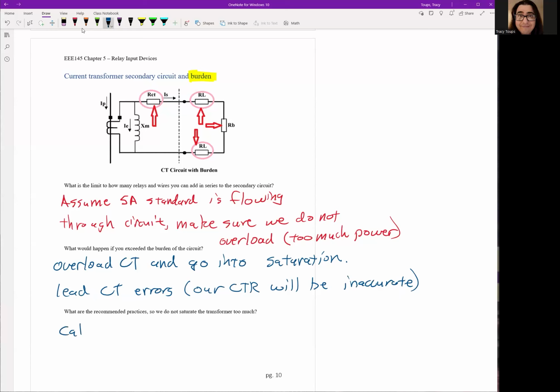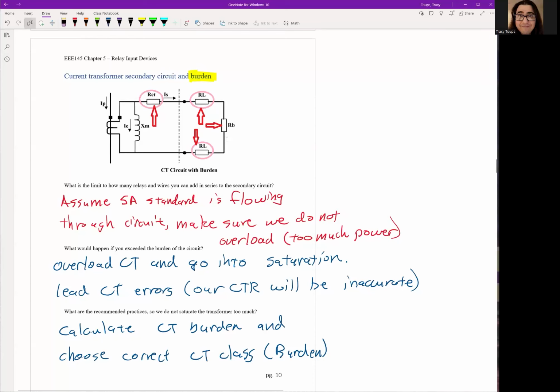We need to calculate the CT burden and choose the correct CT class or burden. We have a lot of design parameters and specific types of CT transformers to make sure that we have the adequate power we need.